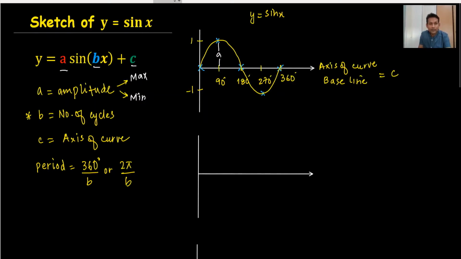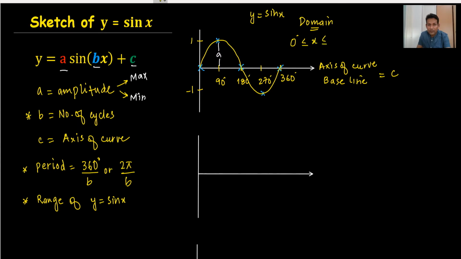And one thing, the range. The range of sin x is fixed. Range of y equals sin x. Range means the value of y. Remember, in functions, you should know the domain. I want to write the domain for this video, maybe for some special cases.